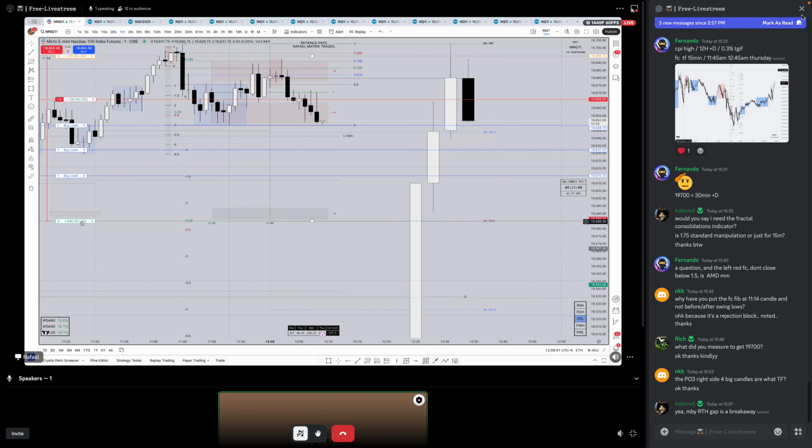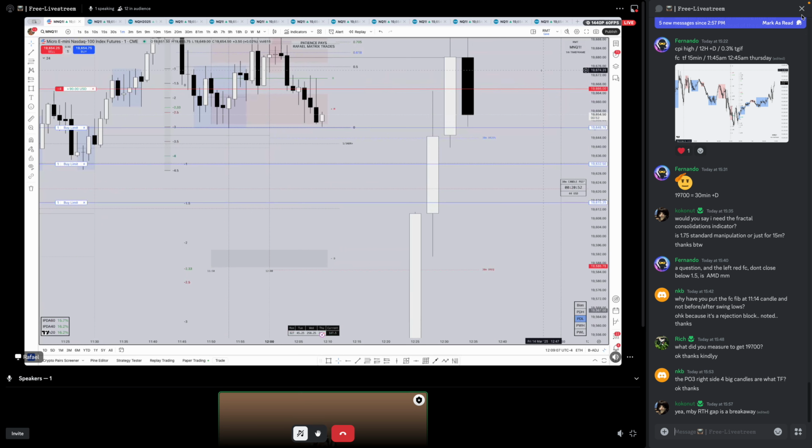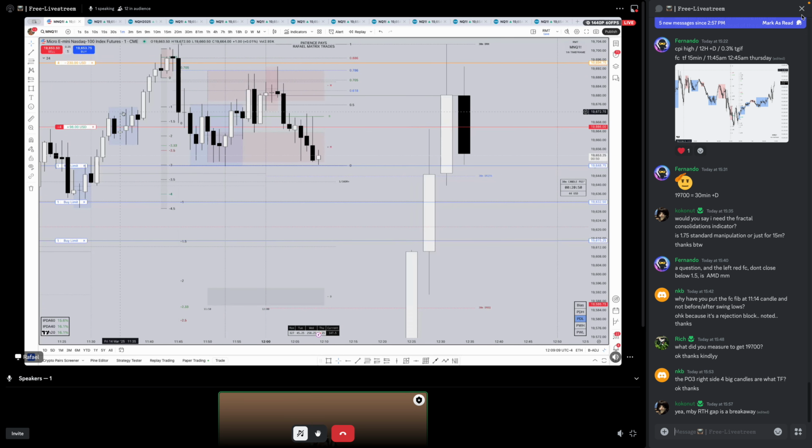Okay, for the runner we can put it like this, but the other targets will be closed, so we can make a quick profit and then move the stop, because today is a very bullish trend. So maybe we won't see price trading too much lower.